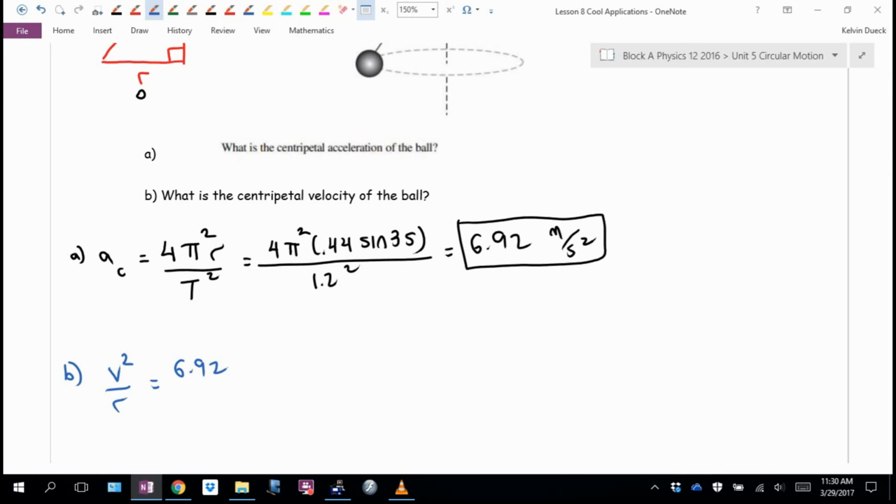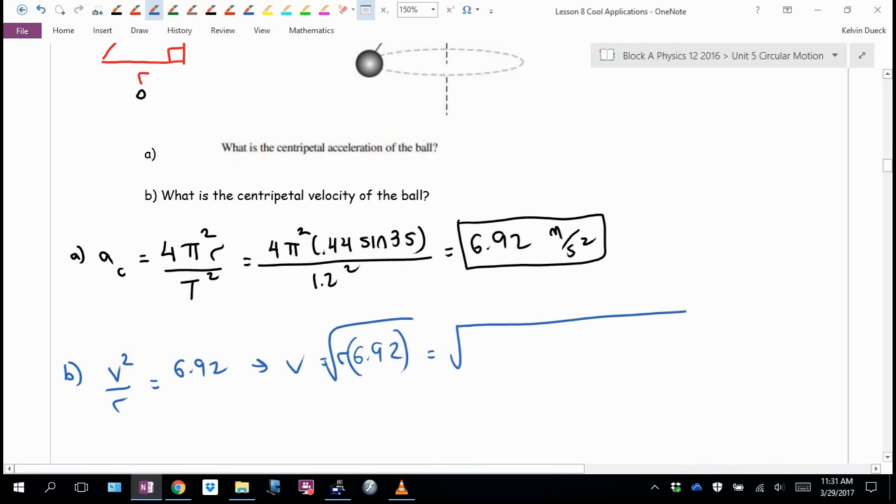How would I get the r by itself, Connor? So v is going to be 6.92 times r, square rooted, which is going to be the square root of, what was r? 0.44 sine 35.